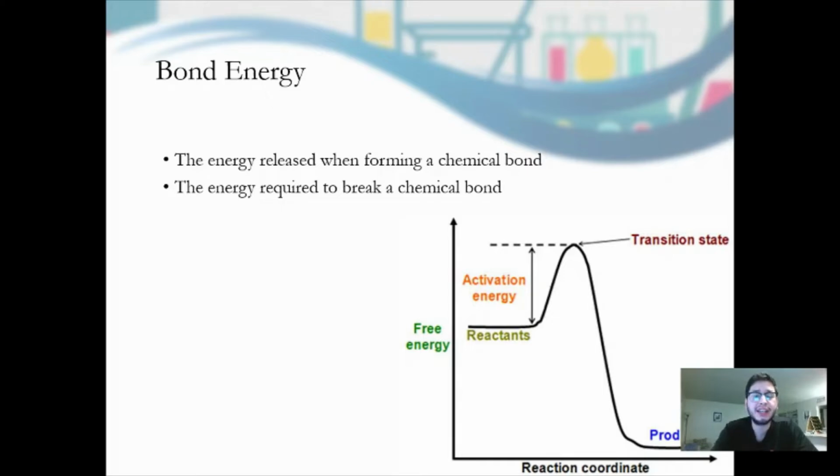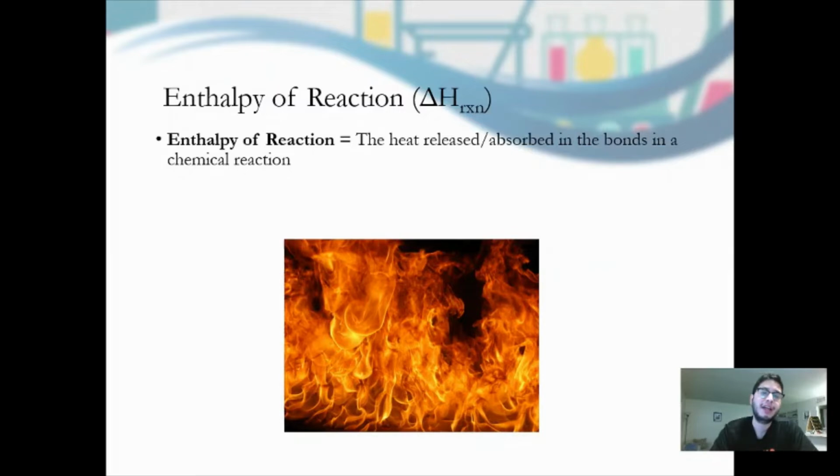That means that the bond energies of my reactants are higher and the bond energy of my products are lower. And we can use these bond energies to calculate the change in heat of a reaction. And remember, you've also seen this definition. The enthalpy of a reaction, or the change in heat of a reaction, is the heat released or absorbed in the bonds in a chemical reaction.